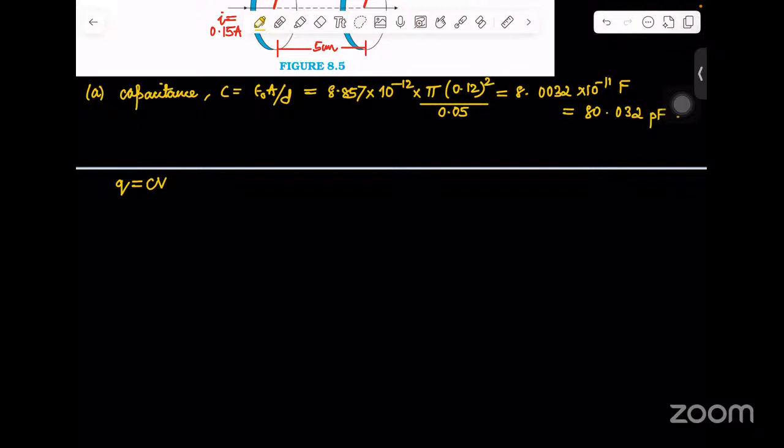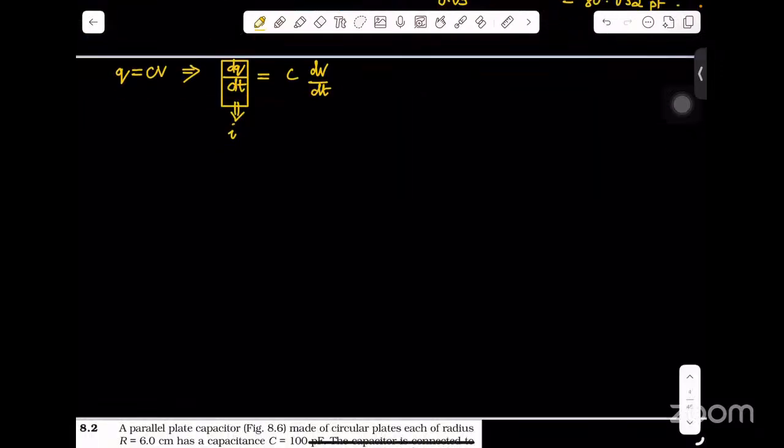Now we need to find the rate of change of this V, so we'll differentiate this equation with respect to time. That implies dQ upon dt equals C dV upon dt, since capacitance remains constant. And this dQ upon dt, as everyone knows, is basically the current passing through the circuit. So that implies C dV upon dt equals the current.